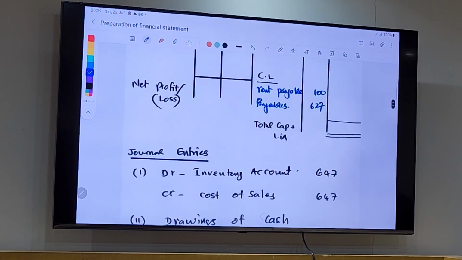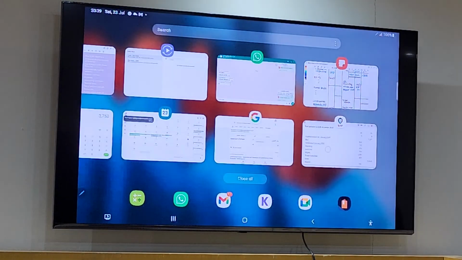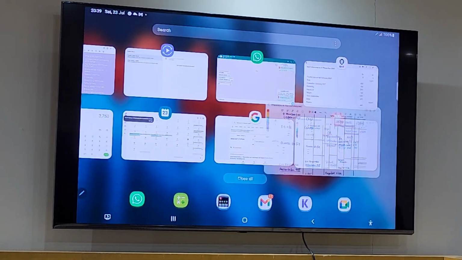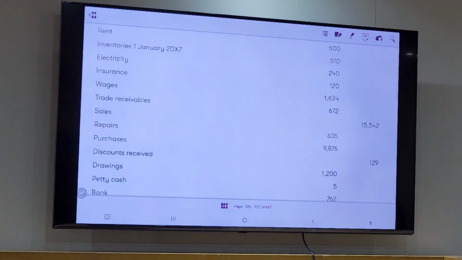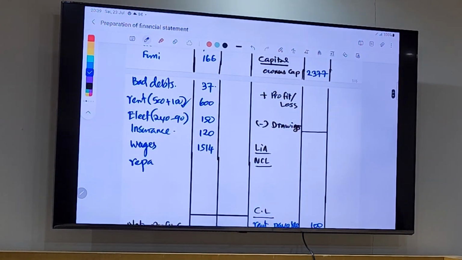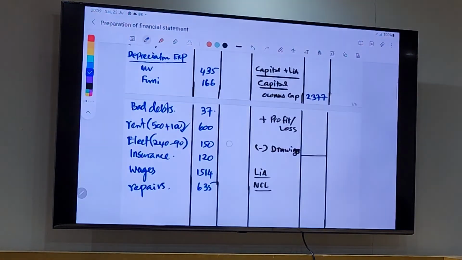Next item. Sales 15,500. Repairs 635. Purchases 9,876.